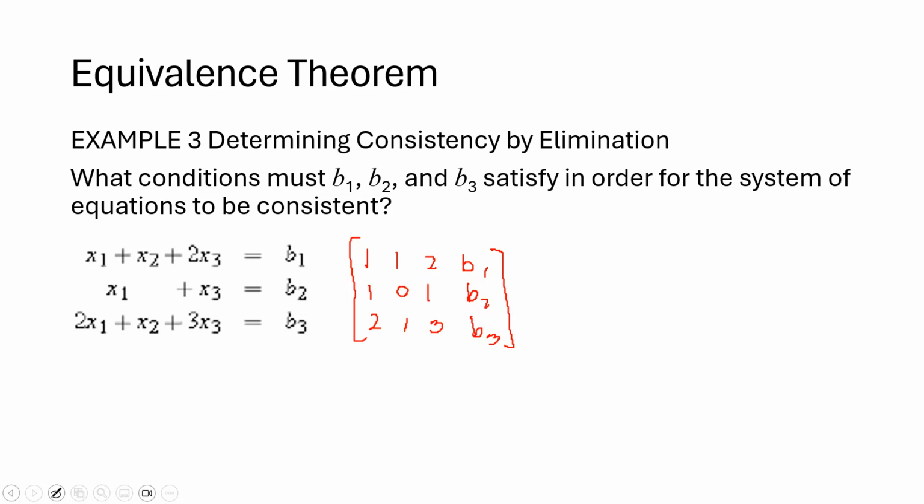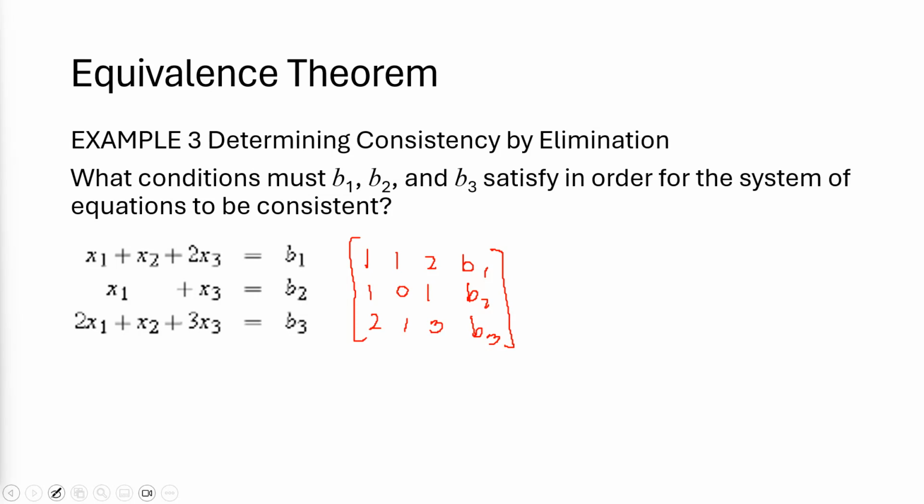You have negative 1 times the first row added to the second row, and negative 2 times the first row added to the third row.